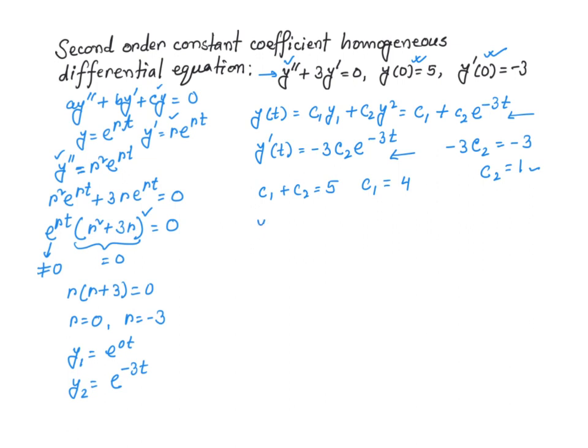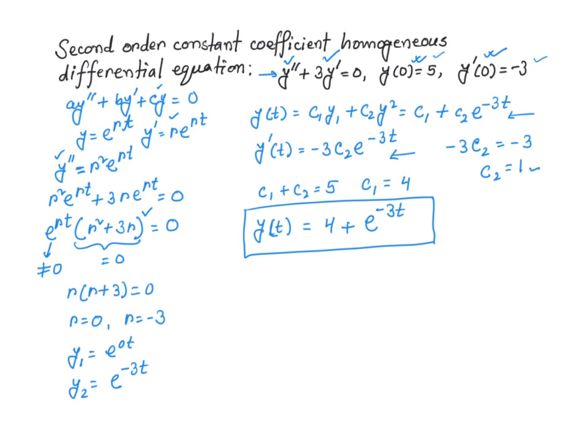So my solution is going to be y of t is equal to c1, which is 4, plus c2, which is 1, times e to the power negative 3t. And that should be the solution to this differential equation with initial conditions y of 0 is equal to 5 and y prime of 0 is equal to negative 3.